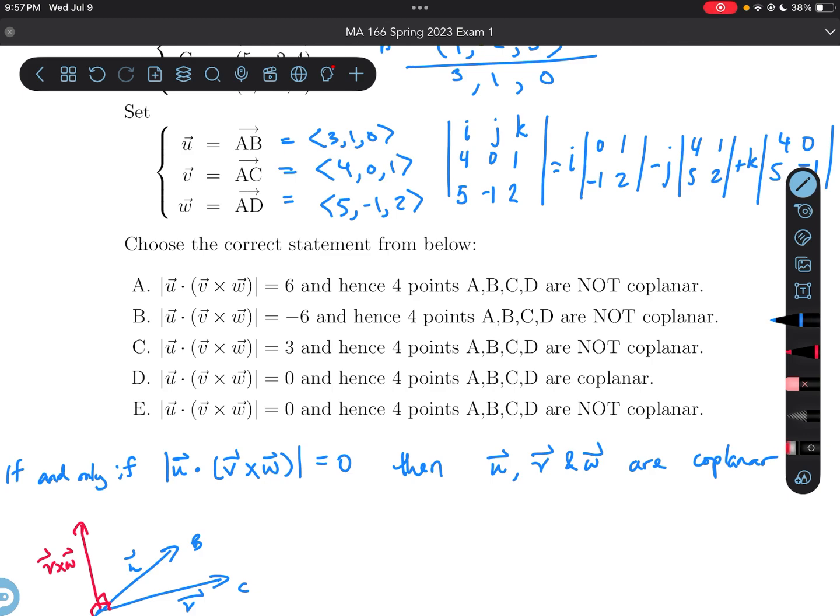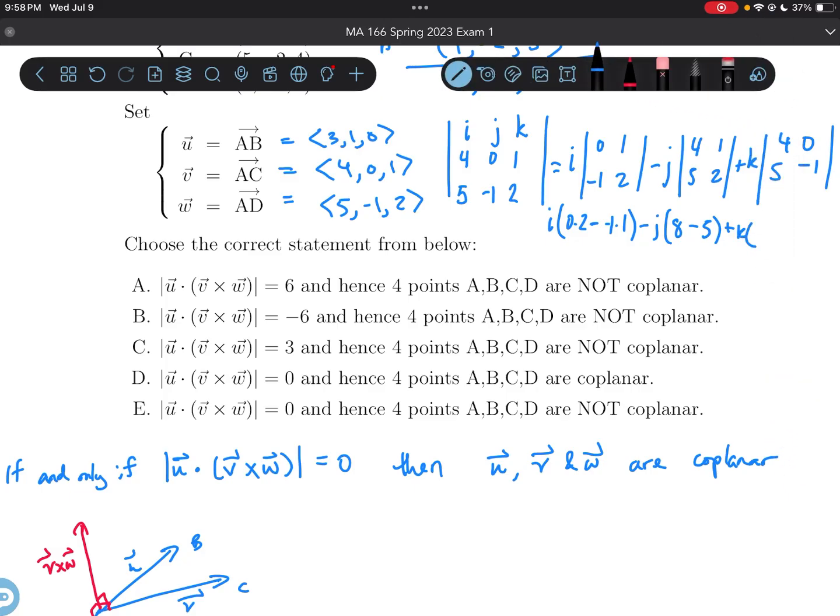So, for example, here we'd have I times 0 times 2 minus negative 1 times 1, minus j times 4 times 2 minus 5 times 1, plus k times 4 times negative 1, so negative 4, minus 0.